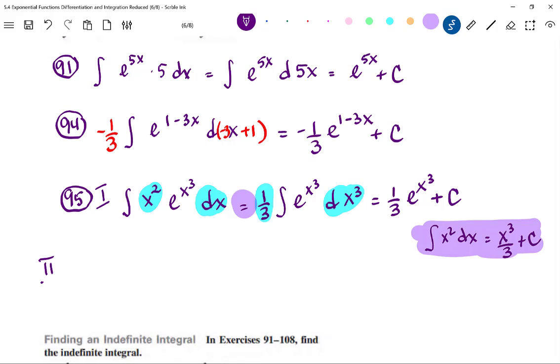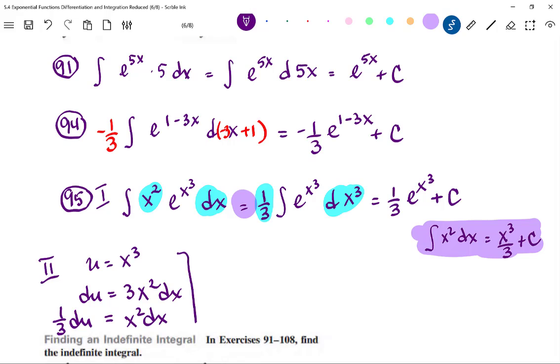And with method 2, we can say, well, let u be equal to x cubed, then du is going to be 3x squared dx, or x squared dx is 1/3 du.